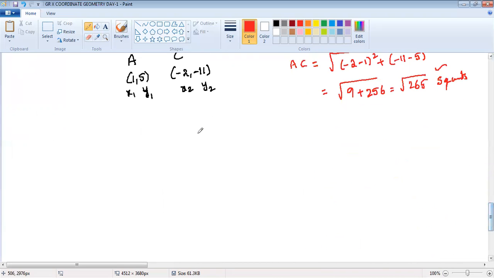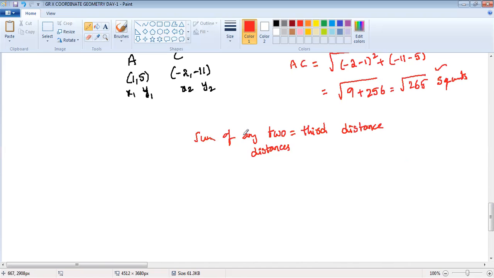I'm telling you, if the sum of any two distances is equal to the third distance, then the points satisfy the condition of collinearity.